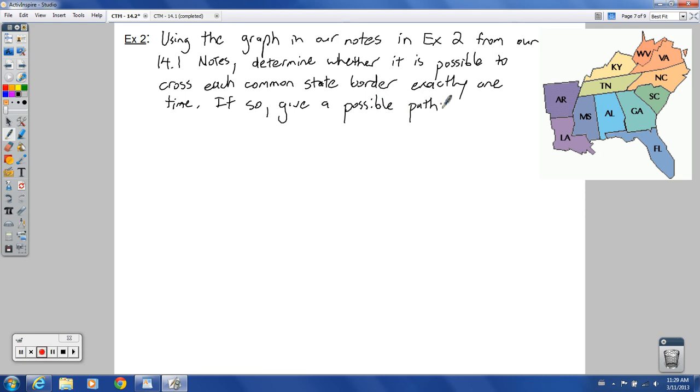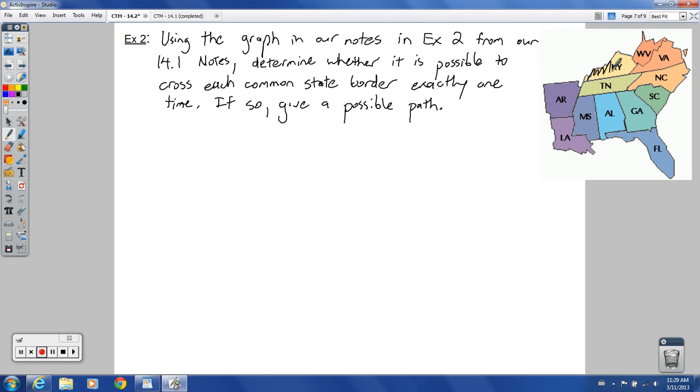So it's not saying that I have to start and end at the same spots. That would be a circuit. It's just saying that I have to cross each common state border exactly once, so each edge gets crossed exactly once, and we're trying to give a possible path, if that is possible.